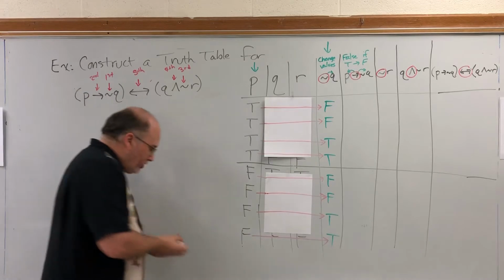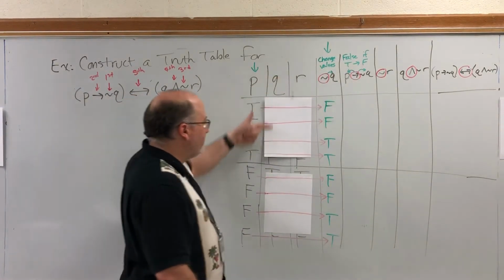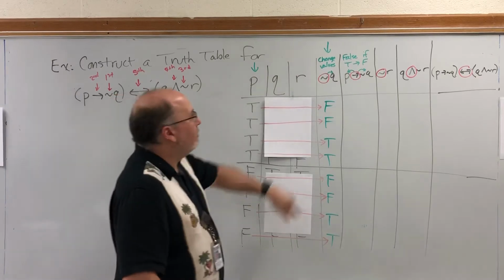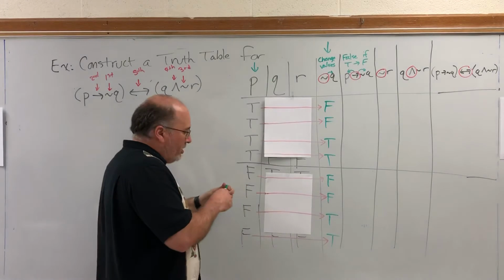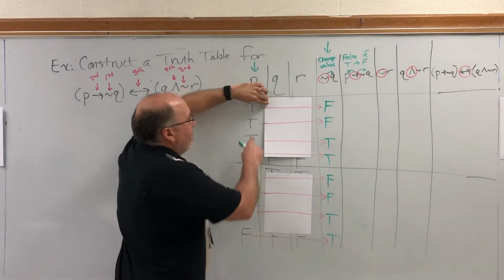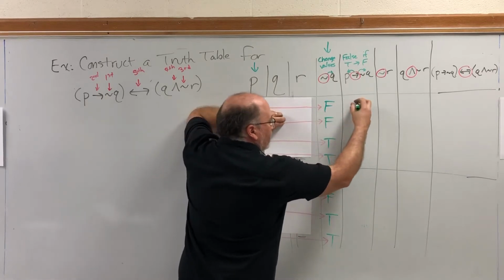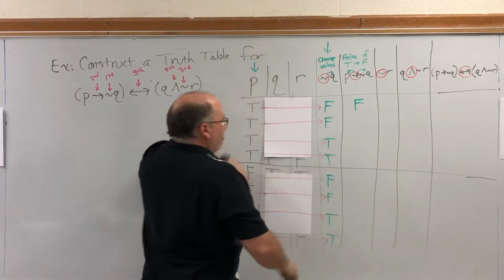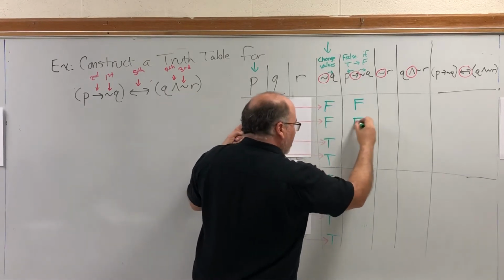So, to complete the next column, I'm going to apply this rule to each of these arrows I just drew. I'm looking for T pointing to F, and when I see it, I will write false. So let's take it one row at a time. First row, do we have T pointing to F? Yes, we do. Rule says write an F. Second row, do we have T pointing to F? Yes, we do.